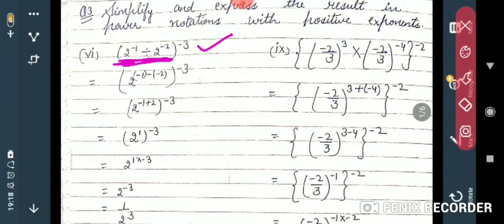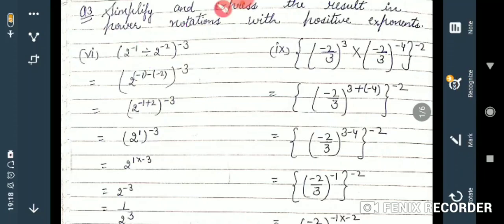Just see what I have told, one property of division: in division, if the base is same, then the powers are subtracted. The bases are same, 2 and 2, we will write it one time. The powers are minus 1 and minus 2.